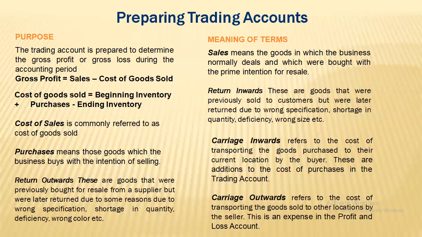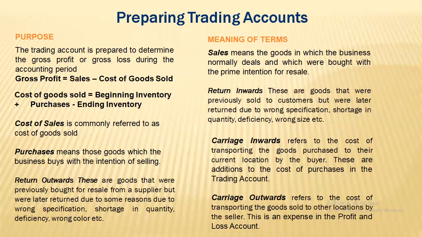So for example, we purchased goods worth 10 million, and we now realize that 2 million worth of goods out of the 10 million that we bought are not usable, or they don't meet the required specification of our business organization. So what will happen is we have to return those 2 million goods back to the supplier.